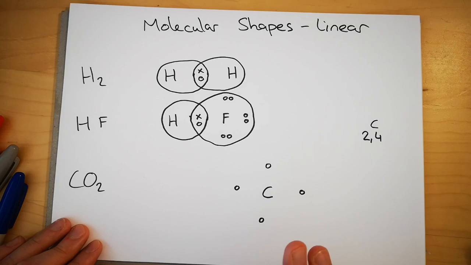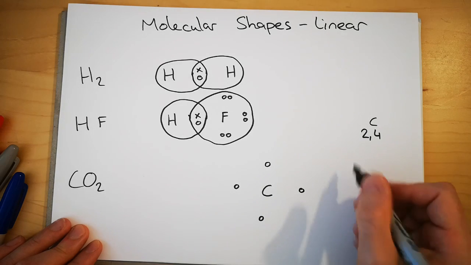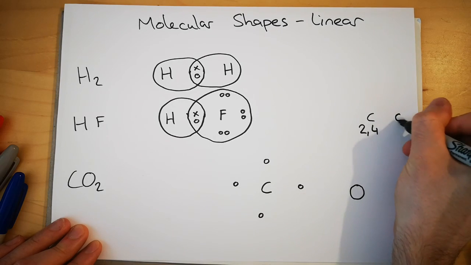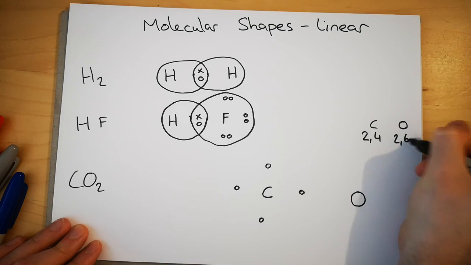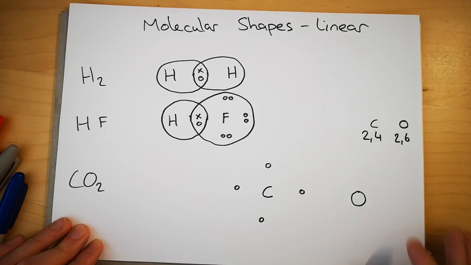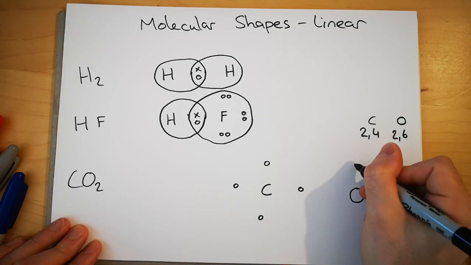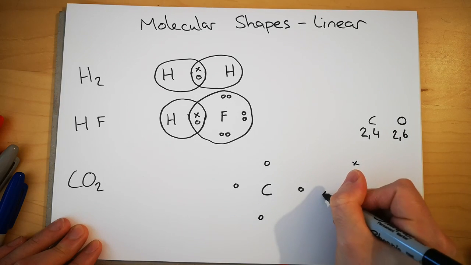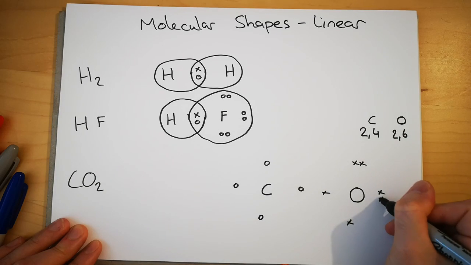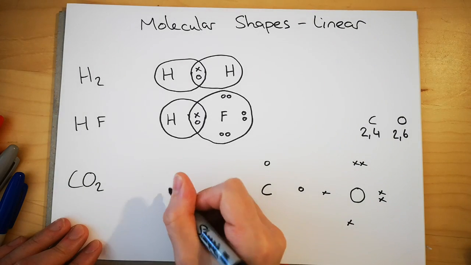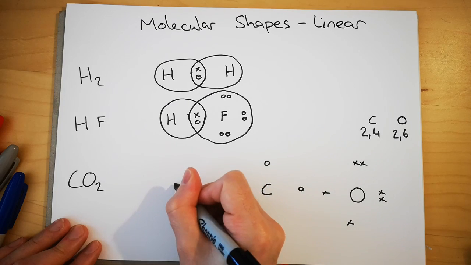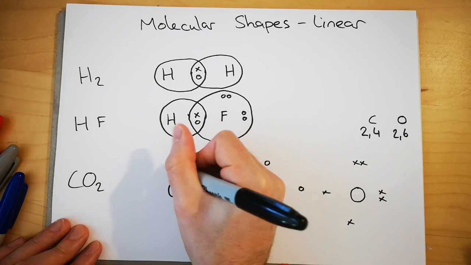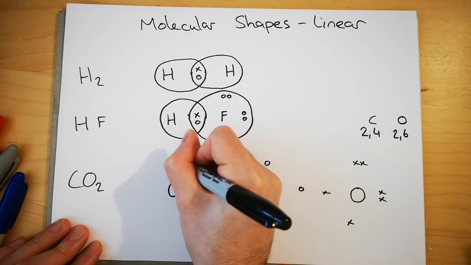Now, my oxygens are going to go here, and oxygen has an electron arrangement of 2, 6. Once again, not drawing the inner electrons, I'm going to draw the outer electrons: 1, 2, 3, 4, 5, 6. And then on the other side, I am going to draw in an oxygen, and this time I'm going to use triangles just to make this separate and easy to see.